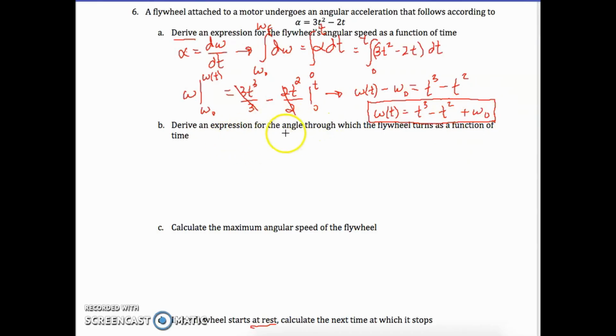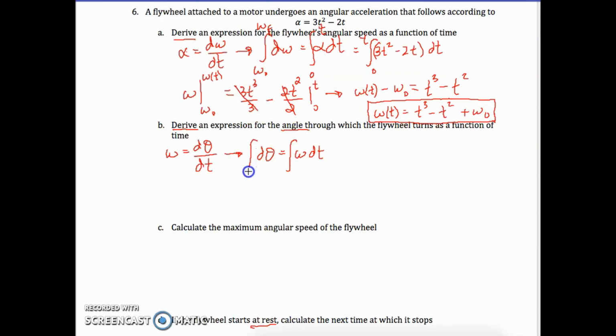All right, now, if we're going to look for the angle through which this flywheel turns, we need to use the relationship between the angle and the angular speed. Now, if we're going to derive the expression, we need to start with the relationship between the angle and the angular speed, and then rearrange it, just like we did before, so that the angle is all by itself, d theta, and everything else is on the other side.